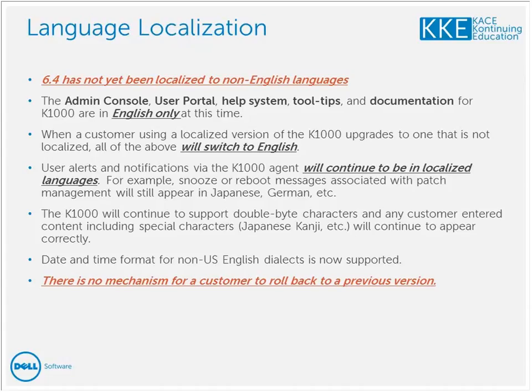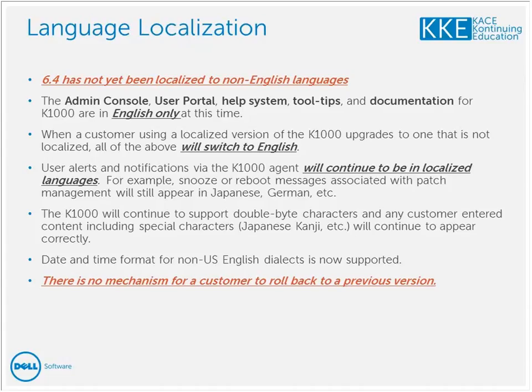The admin console, user portal, and all their documentation will be in English only. Certain things will continue to be in the localized languages, like reboot messages and snooze alerts. But as far as the usability of the UIs, those have not been localized yet, and we are looking at a future release in order to do so.